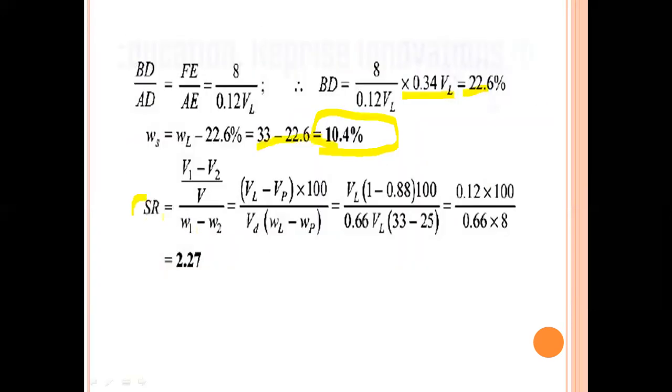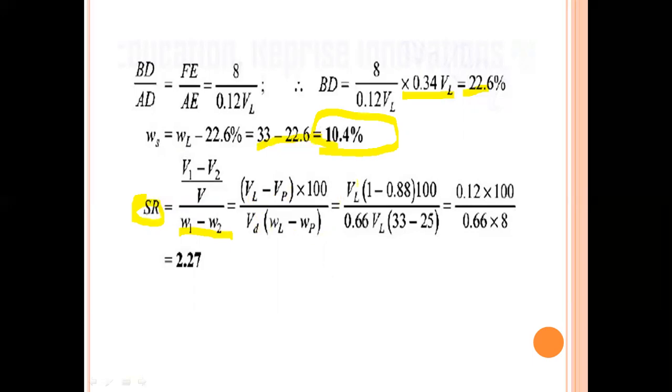Next we find out the shrinkage ratio. The shrinkage ratio formula is V1 minus V2 divided by VD, and divided by W1 minus W2. So VL minus VP into 100 divided by VD into WL minus WP.